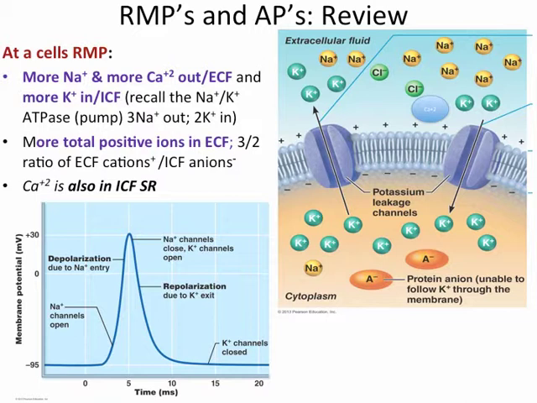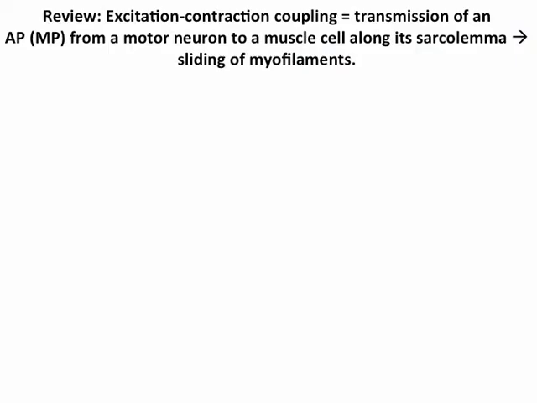And then when potassium channels open and potassium moves out down its concentration gradient from high potassium on the inside of the cell to low potassium on the outside of the cell, that's called repolarization. And then when all the channels are back to the resting membrane potential, you go back to minus 95 millivolts.